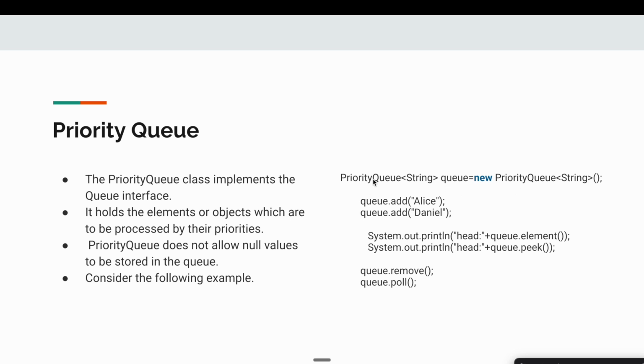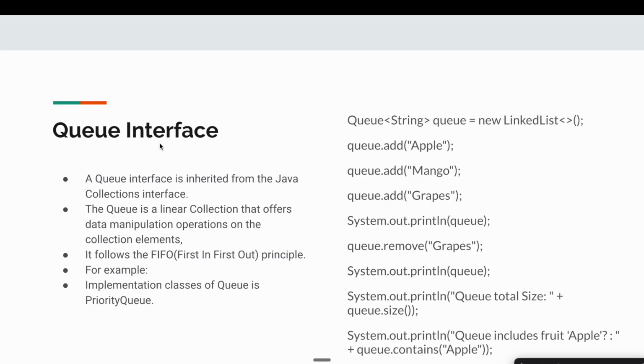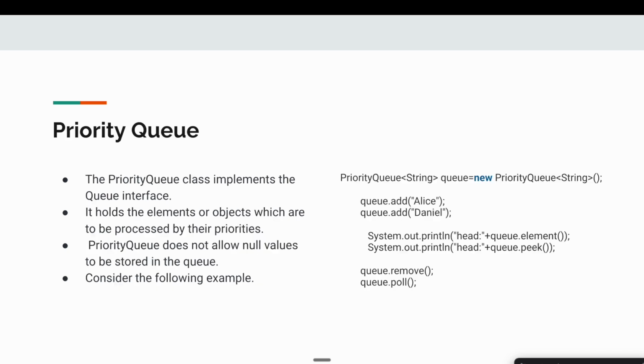Priority queue is a class. You can create an object of a class, but Queue is not a class. Queue is an interface. So you cannot create an object of an interface, right? To create an object of an interface, you should have the implementation of that. But priority queue is a class, and you can always create an object of a class.